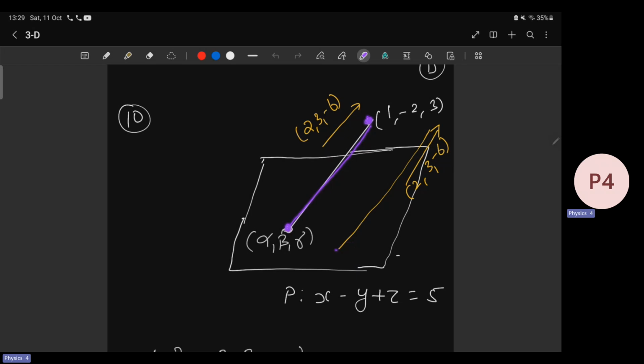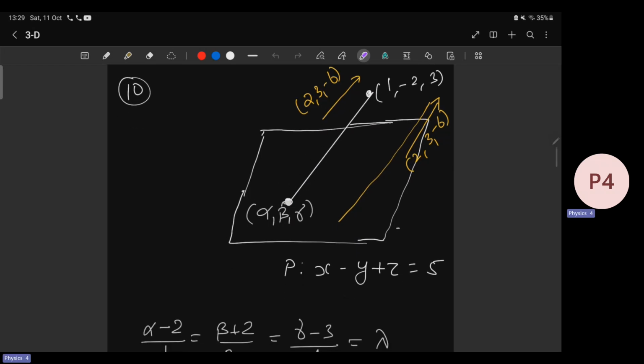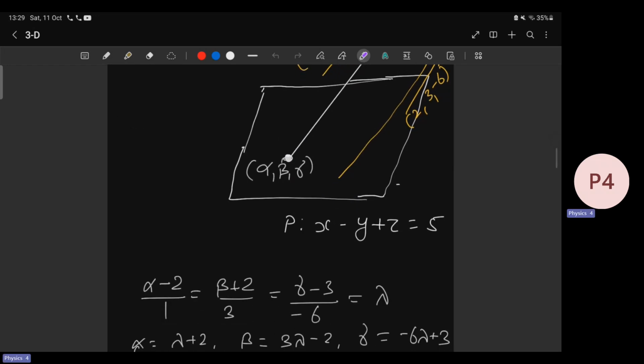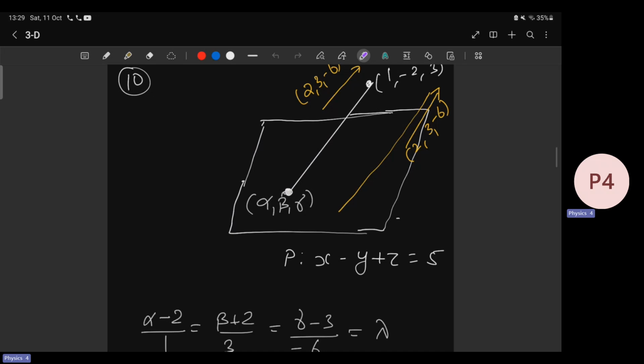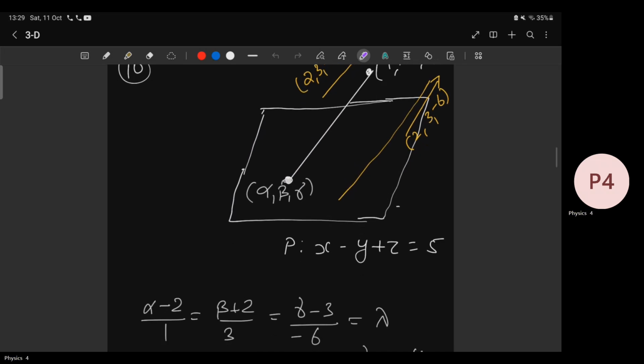So these two lines are parallel. So we have to find this distance. Let's assume this coordinate is alpha, beta, gamma. Now we can write the alpha, beta, gamma in parametric form.